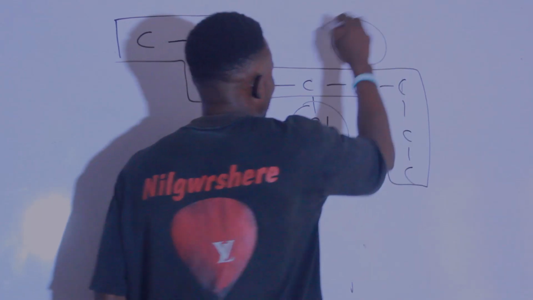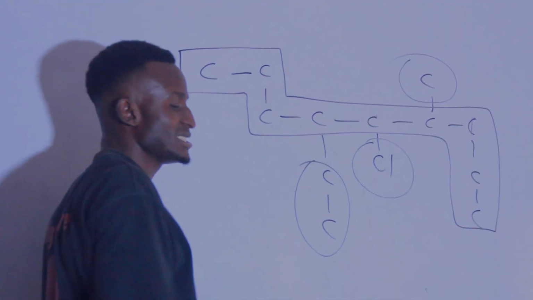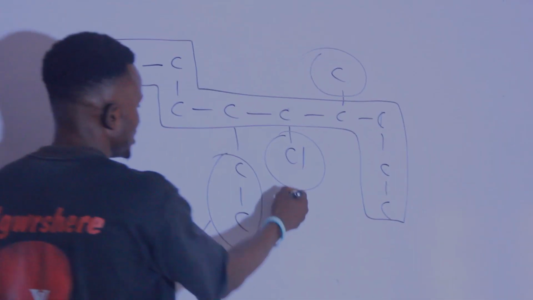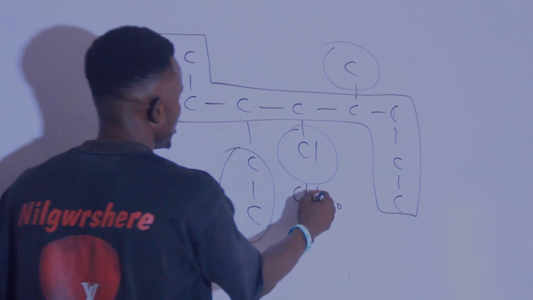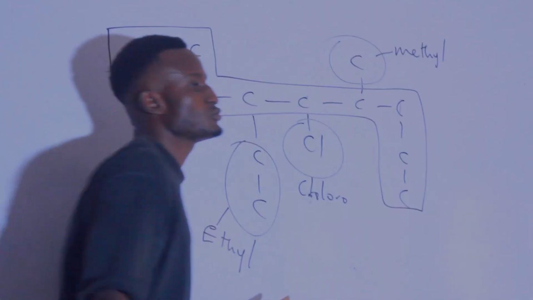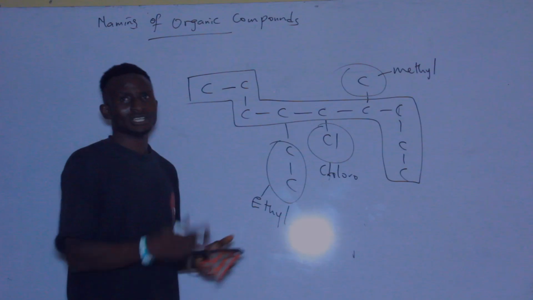Ligands. Since others are ligands, let us list the ligands that are there. This one is ethyl. This one is chlorine, which is chloro. This one is methyl. Now, you have to follow the case 2, which says they must be placed in the lowest possible denomination.